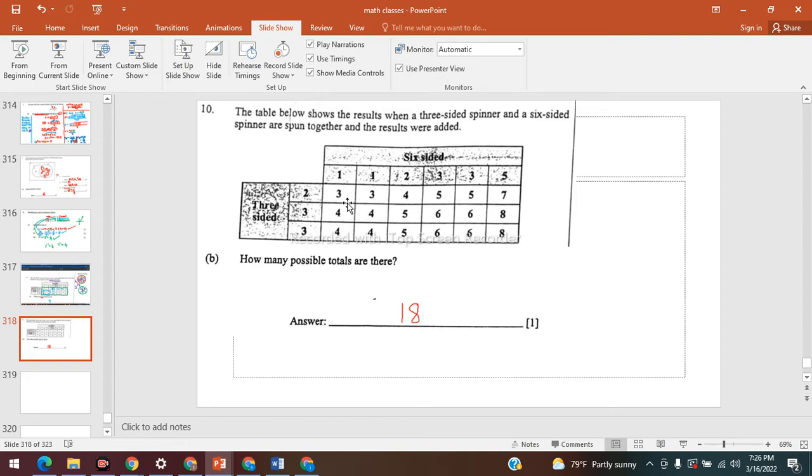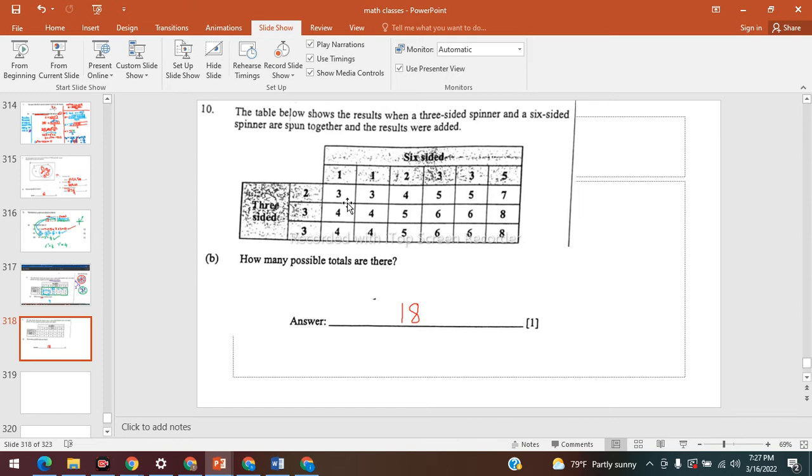In the questions we did, we had to actually create our sample space. Can anyone remember how we had to create our sample space?